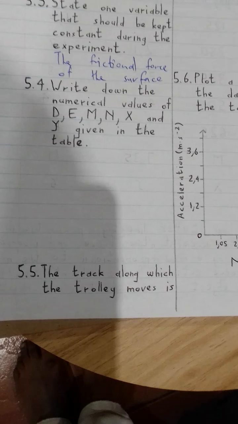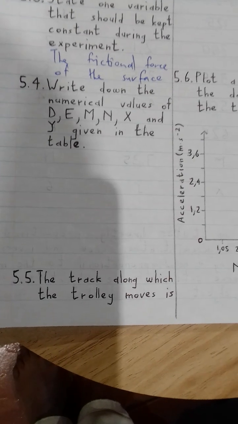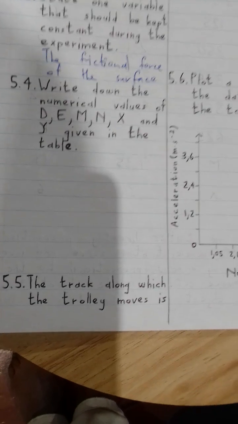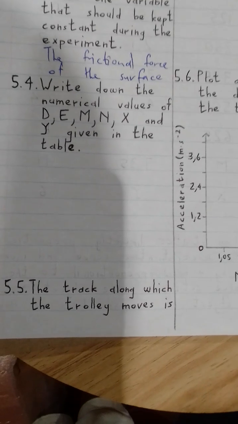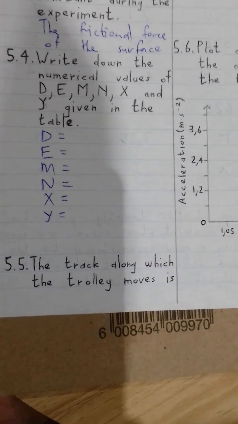5.4 states, write down the numerical values of D, E, M, N, X, and Y given in the table. So D, E, M, N, X, Y. Okay.